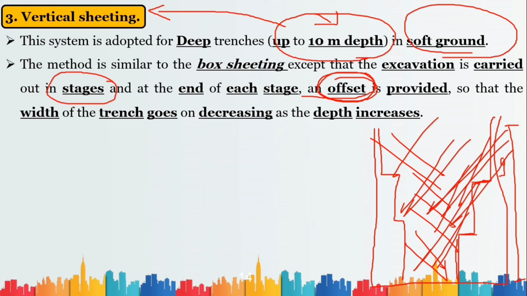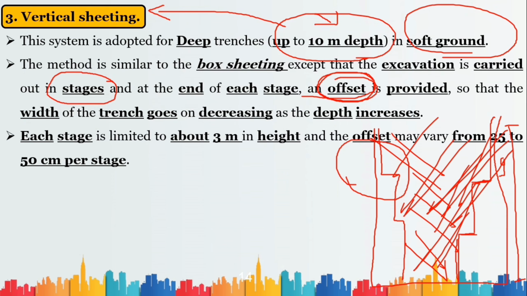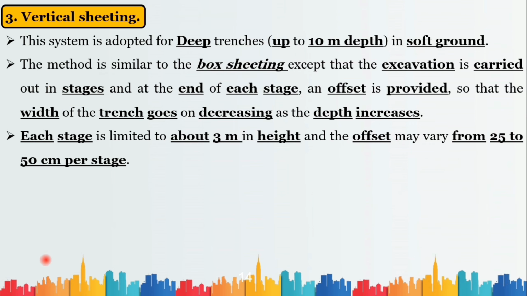And the next question is, sir, what is the dimension of that offset or platform? So the next point is for that. Each and every offset or platform varies from 25 centimeter to 50 centimeter, and each stage is limited to a maximum of 3 meter.